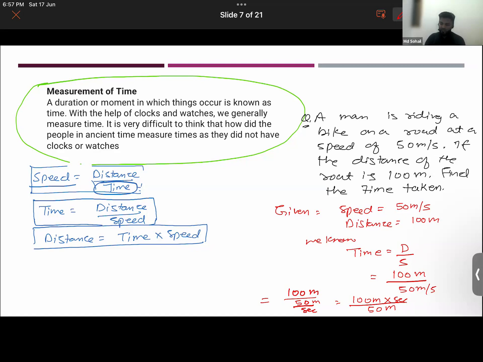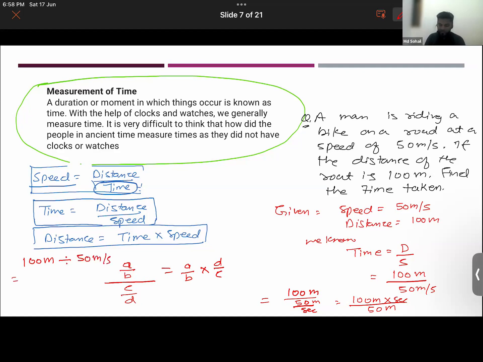Yes, sir. Like if you have a value like A upon B upon C upon D, there are two fractions here, A upon B and C upon D, and both are in division. So we can write it like A upon B multiplied by D upon C. The same thing we have done here. 100 meter divided by 50 meter per second.